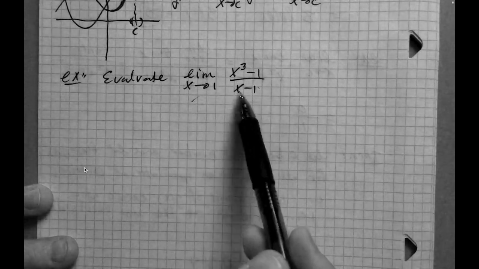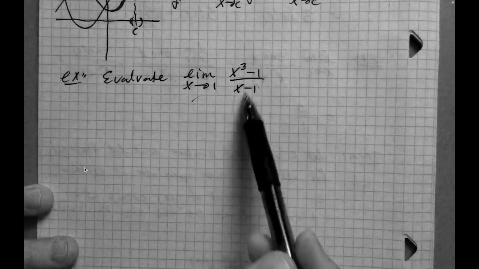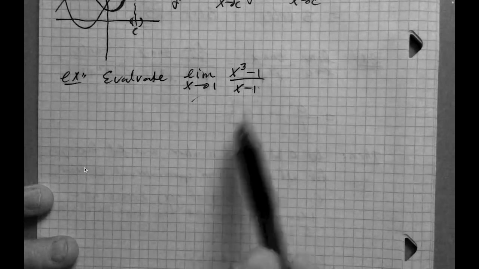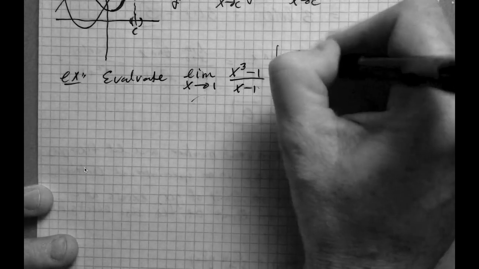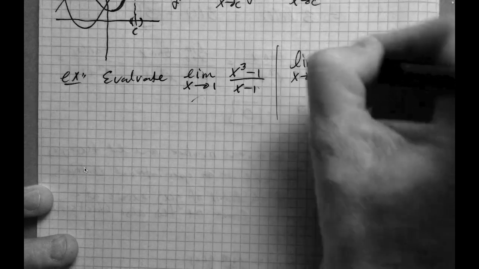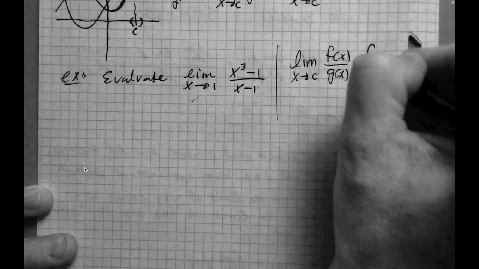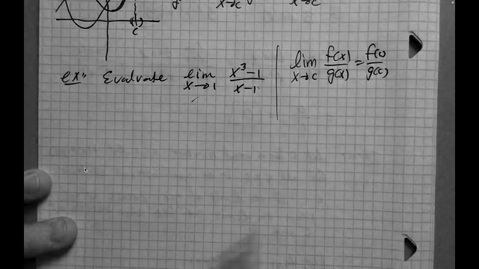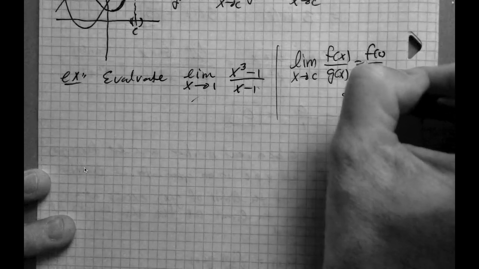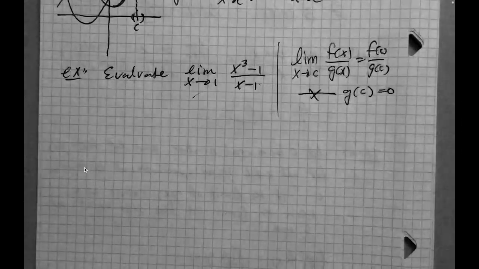Sure, you should just be able to plug in 1, but you can't divide by 0. So the fact that you have a denominator here means that you can't blindly apply that, because g of c would be equal to 0. So you've got a problem.